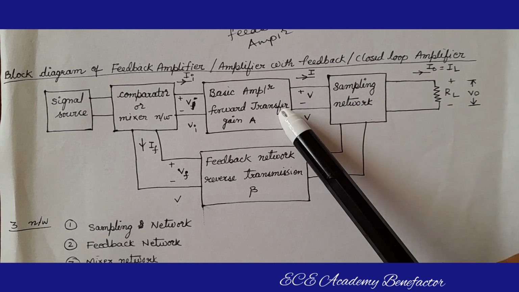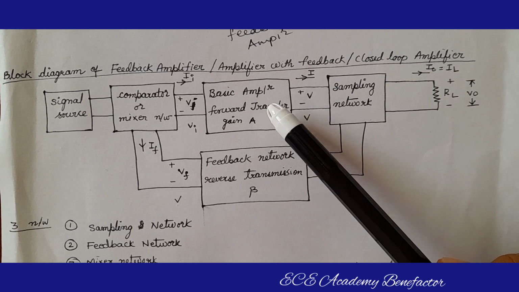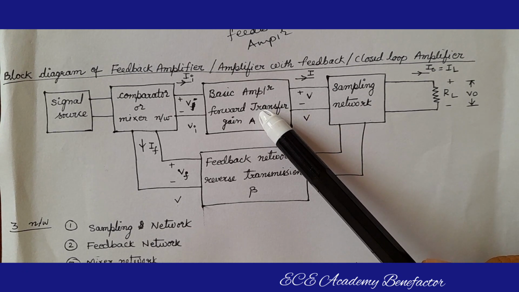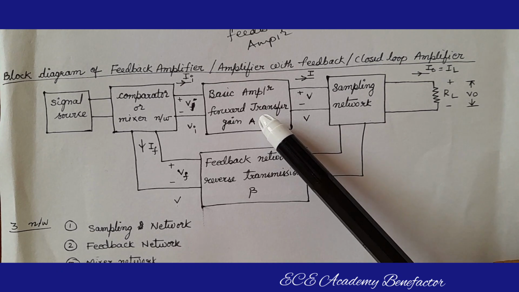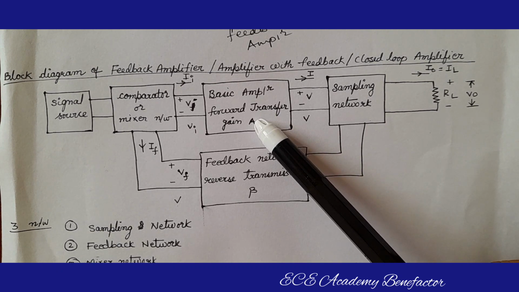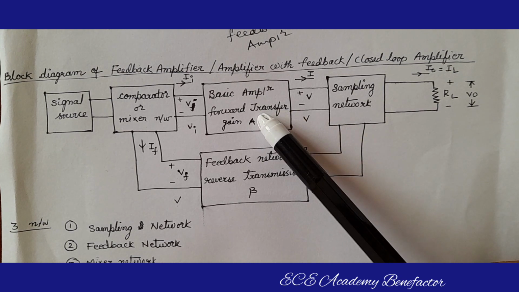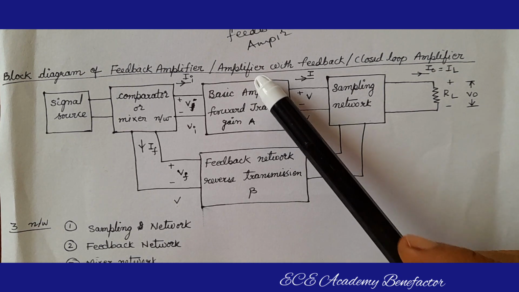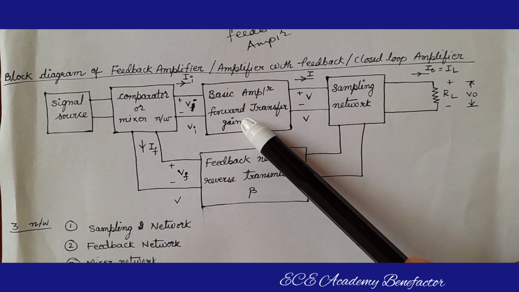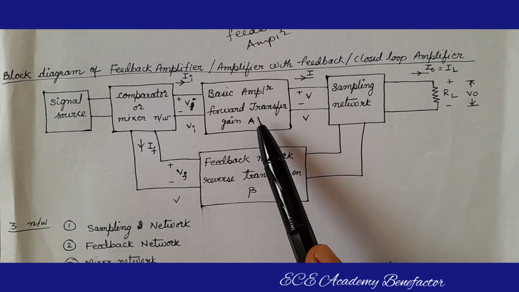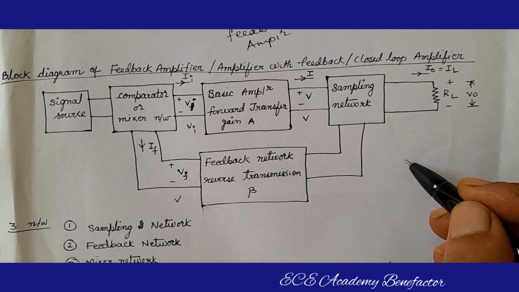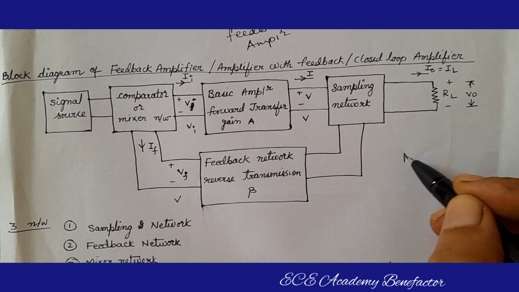So, what is this basic amplifier? The basic amplifier can be either a voltage amplifier, a current amplifier, a transresistance amplifier, or a transconductance amplifier. Any of these 4 amplifiers is used in this place. If it is a voltage amplifier, the voltage gain will be AV.